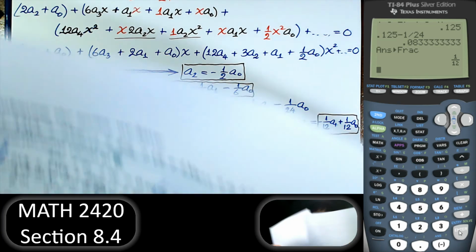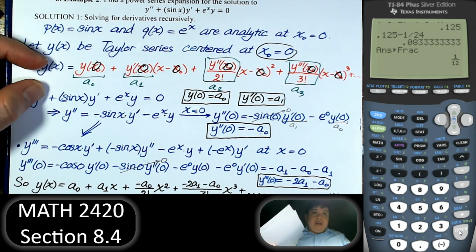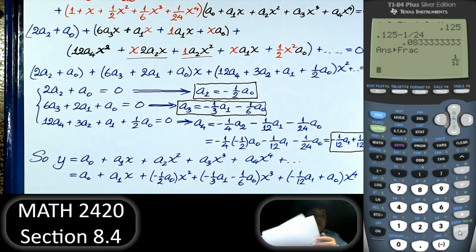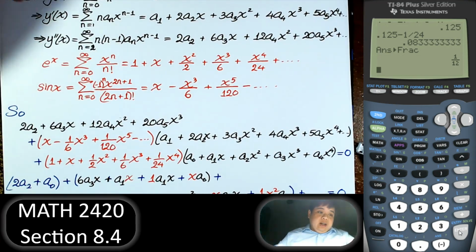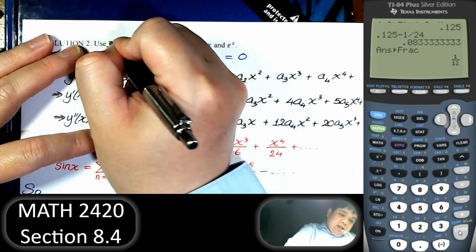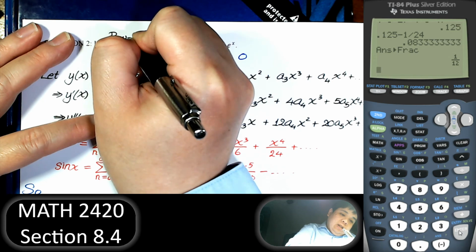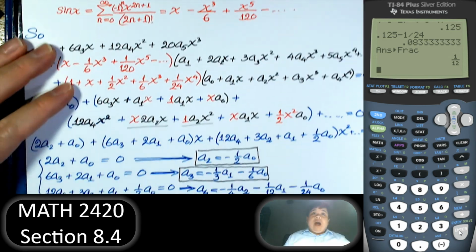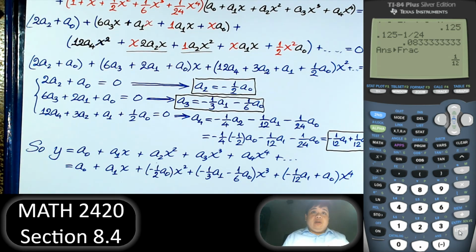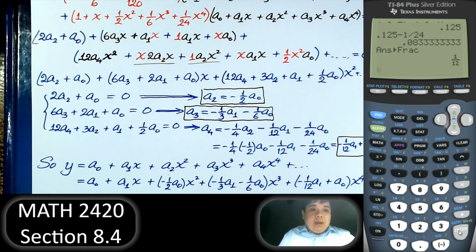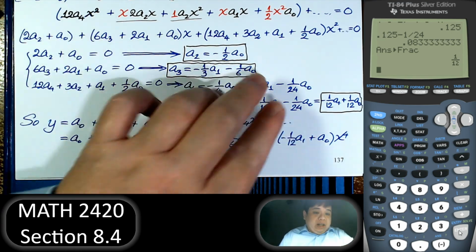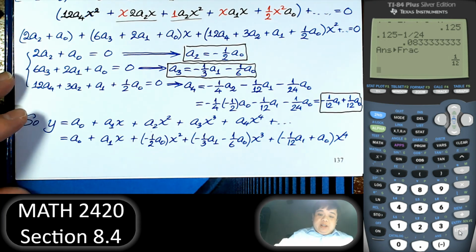So we can just take derivative and use the Taylor series, or we write not the Taylor series, the power series for everything, multiply them out, combine like terms, and make them equal to 0, meaning all the coefficients have to be equal to 0.